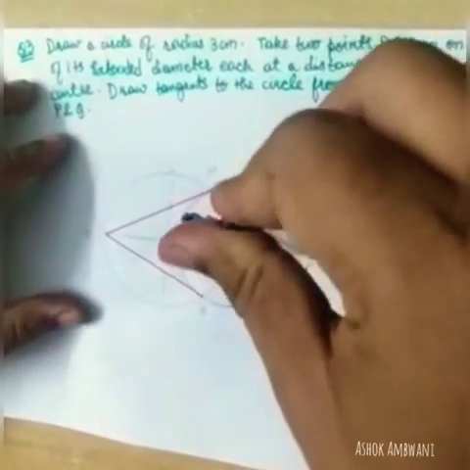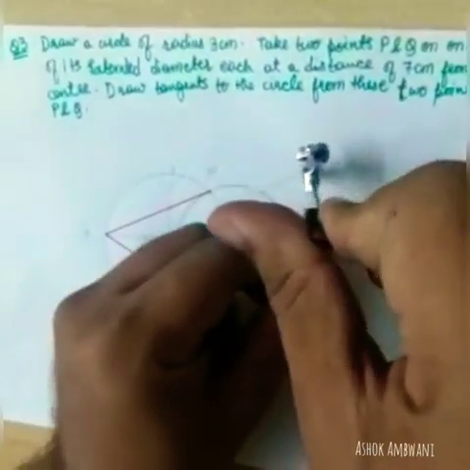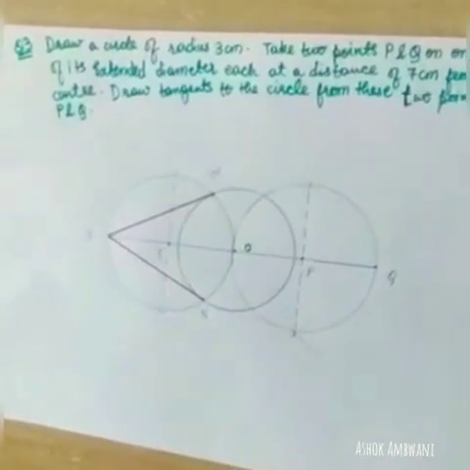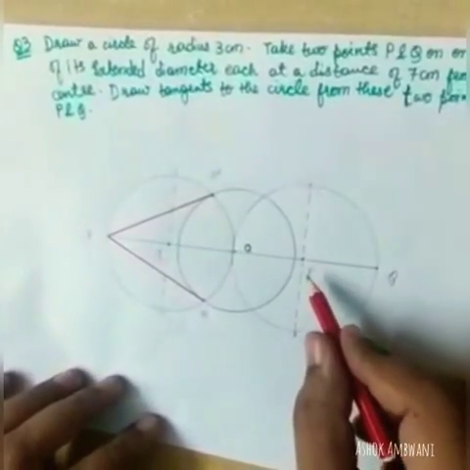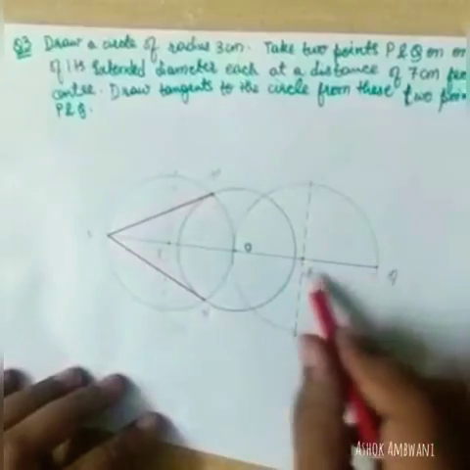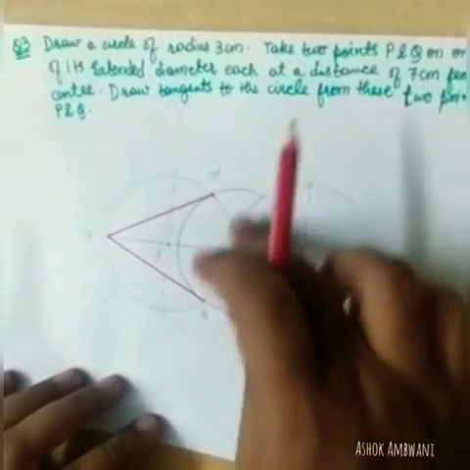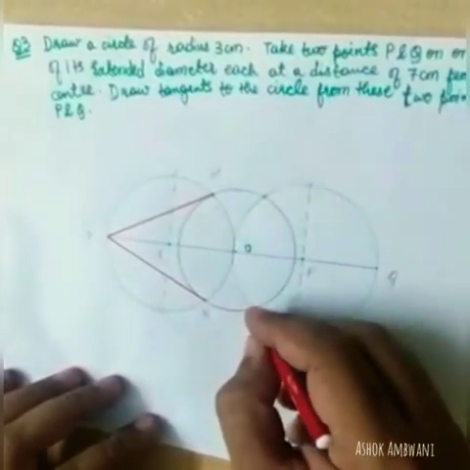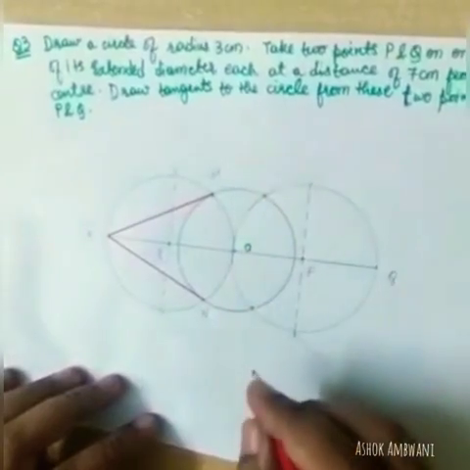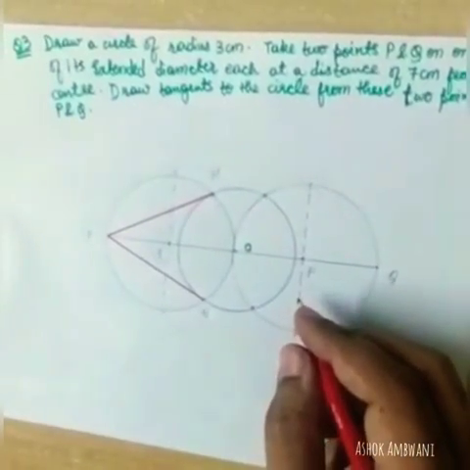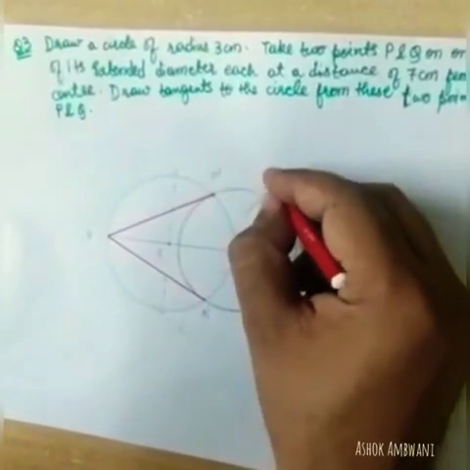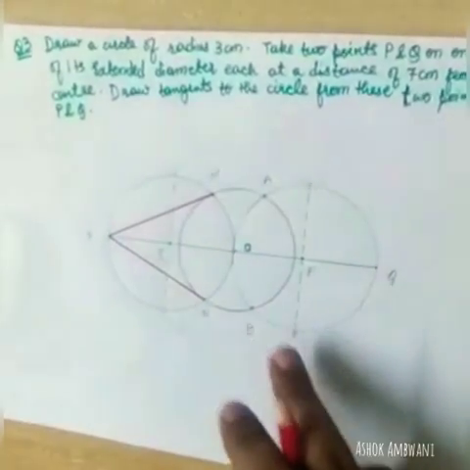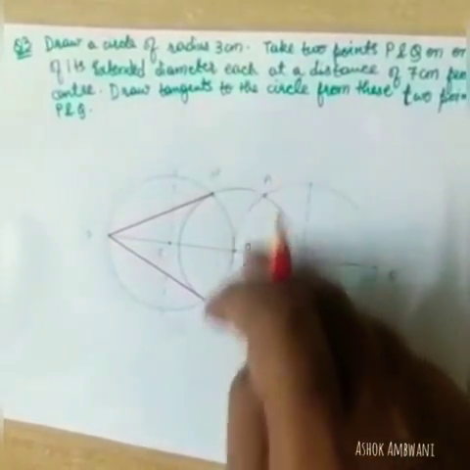I have drawn a circle taking OF as radius or FQ as radius and center F. Now I'll give these points of contact the names A and B.